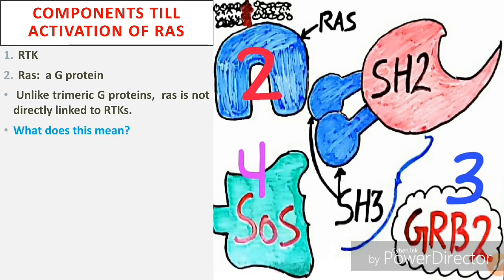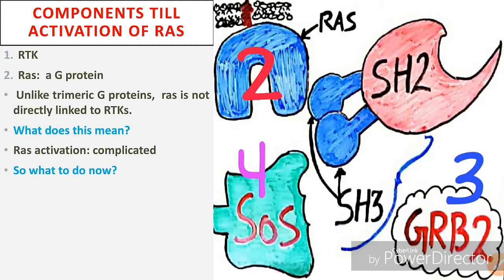So what does this mean? This means the activation of the RAS proteins is not that easy as in case of GPCRs, where following the ligand binding activation of the receptor, that activated receptor instantly stimulates the coupled trimeric G protein. So the question here is what to do now.